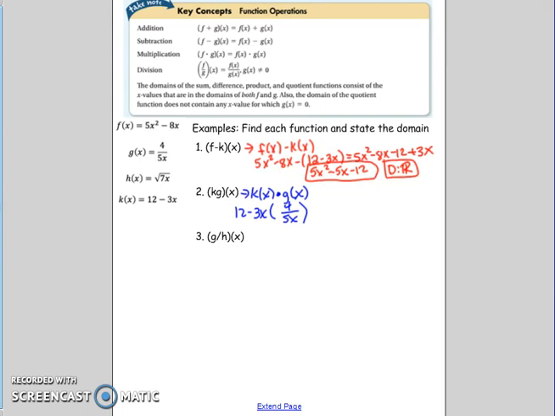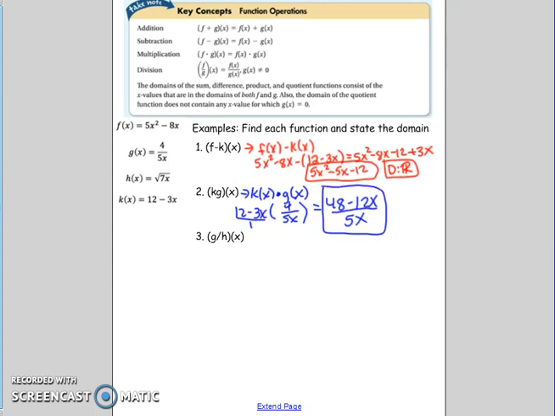So we're multiplying a fraction times a number. If you feel more comfortable to make this 12 minus 3x over 1, so you have another fraction, you're just going to multiply straight across the top. So 4 times 12 minus 3x. I'm going to distribute the 4, so I have 48 minus 12x. And on the bottom, 1 times 5x is just 5x.